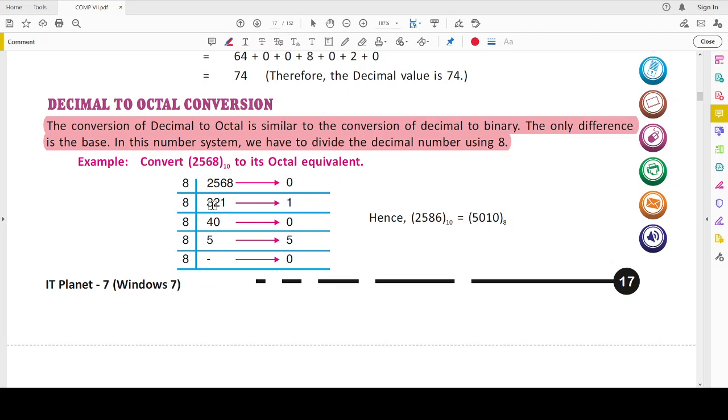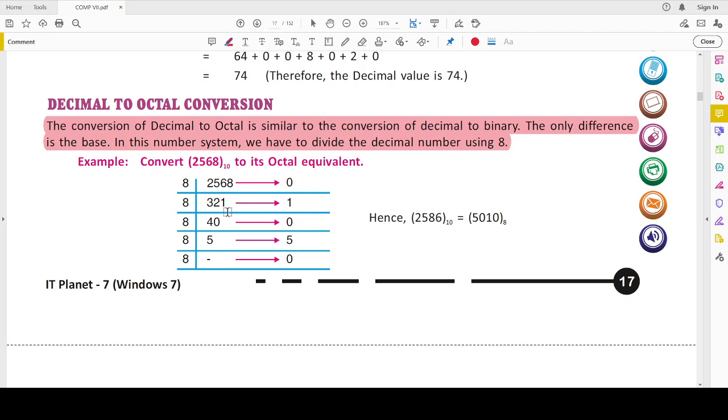When you are doing this, 5 8 is a 40. 5 8 is a 40, and actually this will be over here.